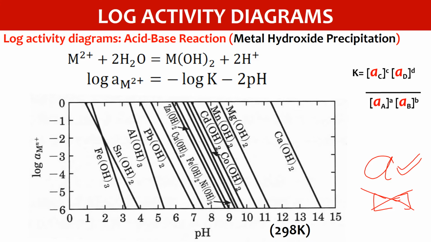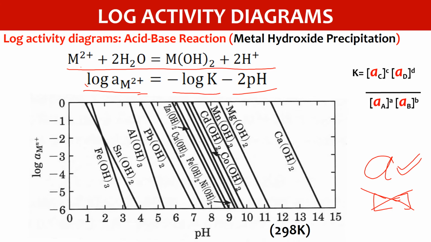So the activity, when we look, for example, at this reaction here, we introduce logs. You can see that we introduce log to this equation. So log activity of the metal ions is equal to minus log K minus 2 pH, which is the log of the activity of your hydrogen ions.